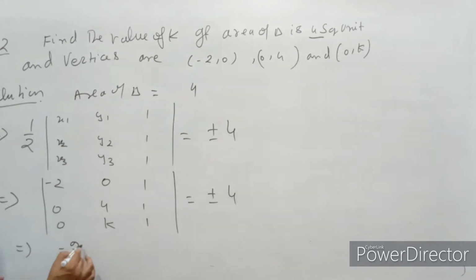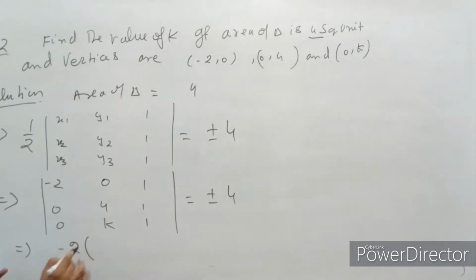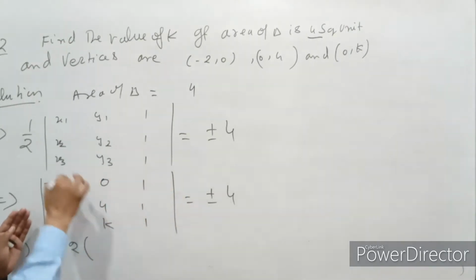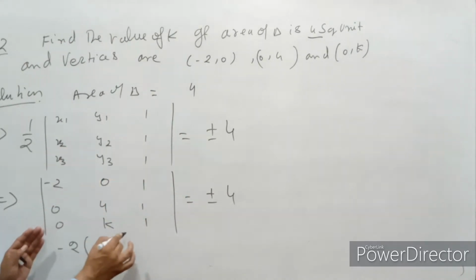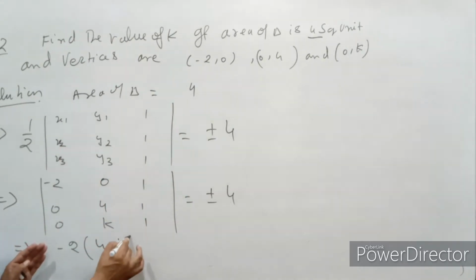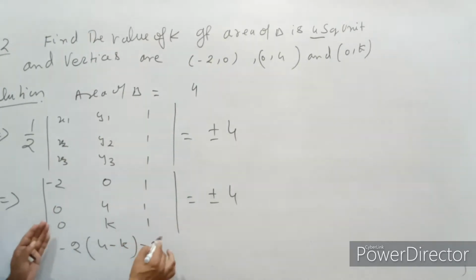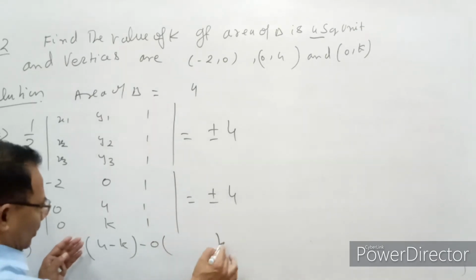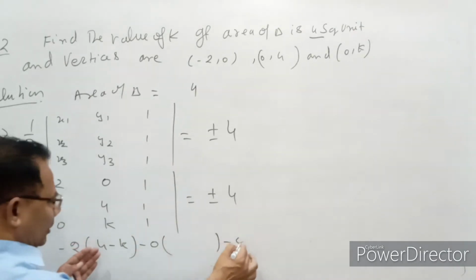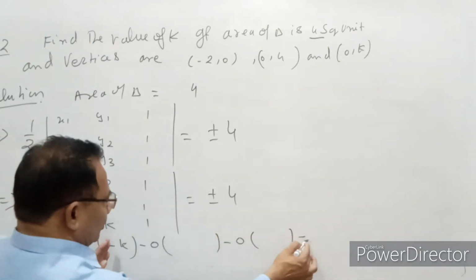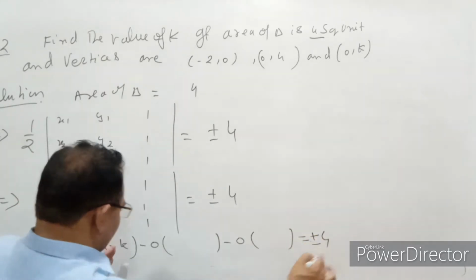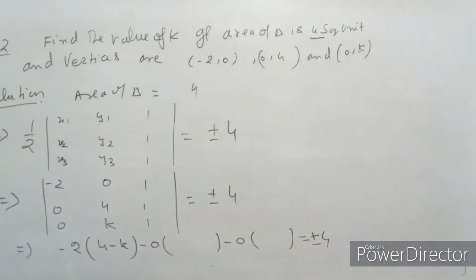So that is -2 into the first row, first column: 4 minus k, then -0 into something, 0, and -0 into something, 0, which is equal to plus or minus 4.